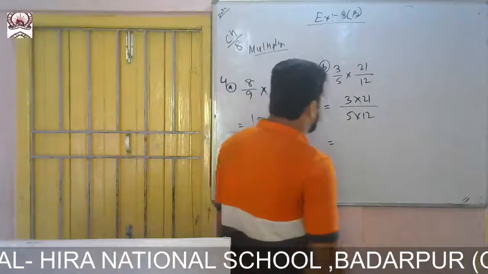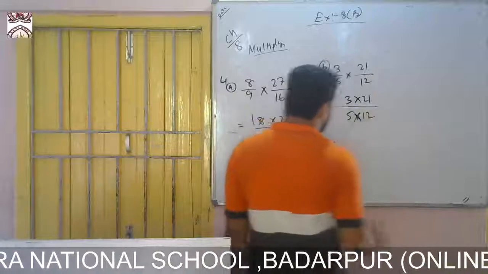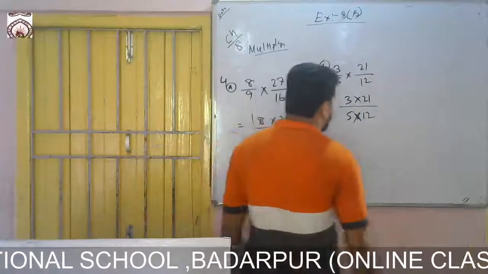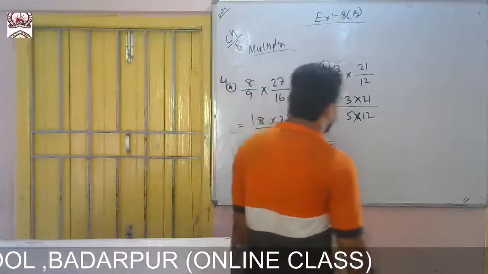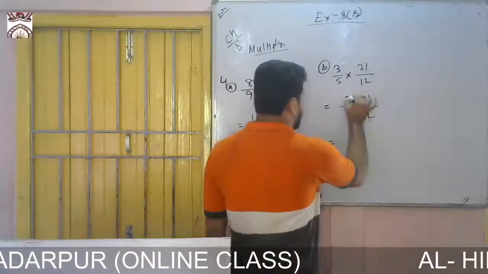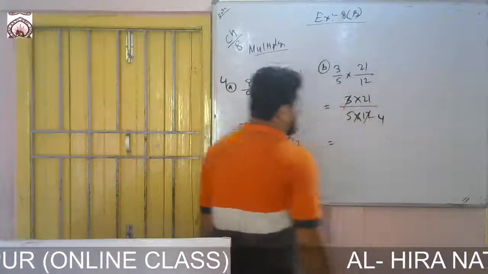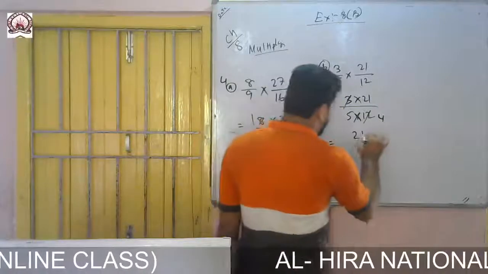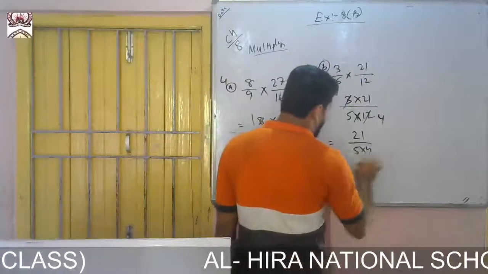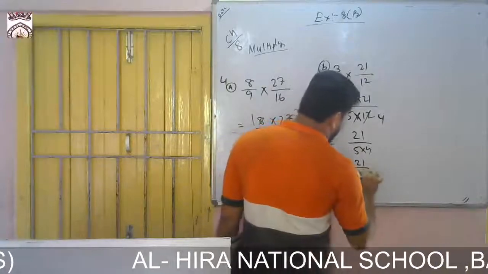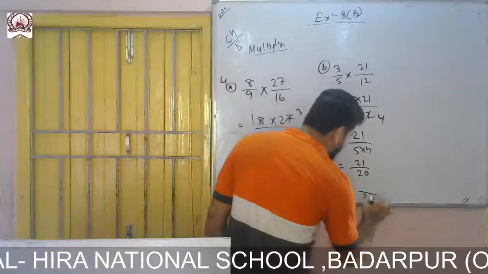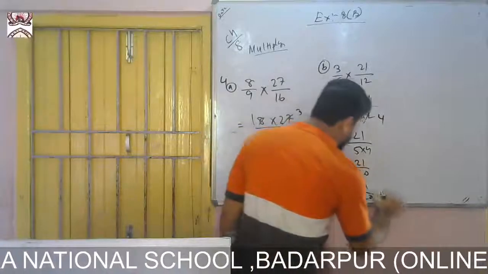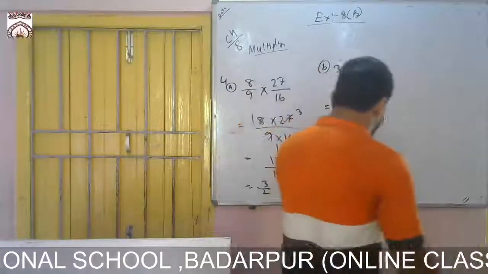So you check whether they get cancelled or not. 3 1 jar 3, 3 4 jar 12. And no more cancellation. So 21 by 5 into 4, it is 21 by 20. It is an improper fraction. So let me take 21 jar 20, remain 1. 1 by 20.